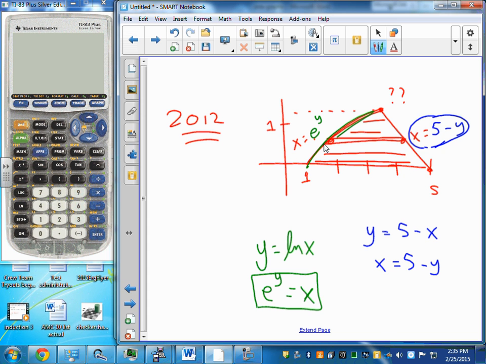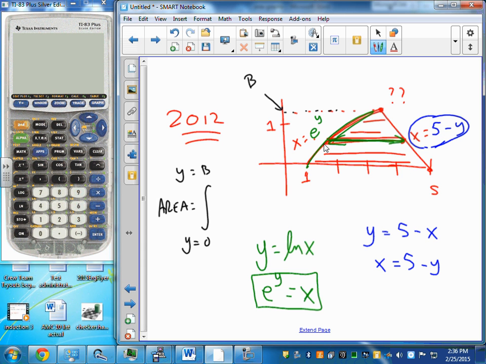And now to find the length of this, we take the x coordinate on the right, which is 5 minus y, and subtract the x coordinate on the left, which is e to the y. Okay, so here's our area. Area is going to be an integral, y running from 0 all the way up to that b number, right? We found this, we call that b.